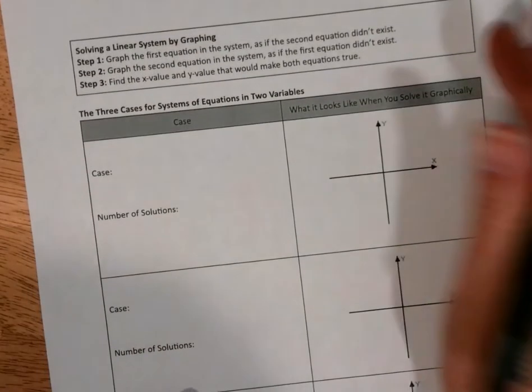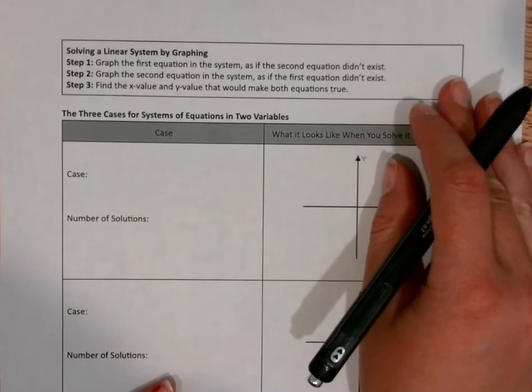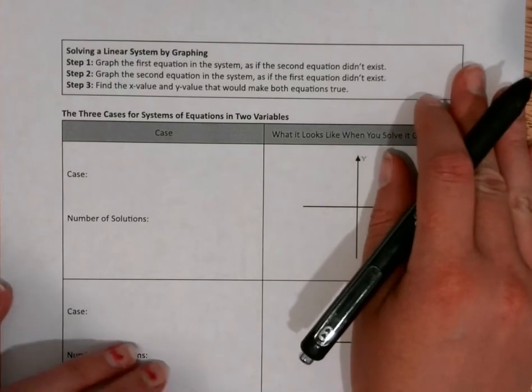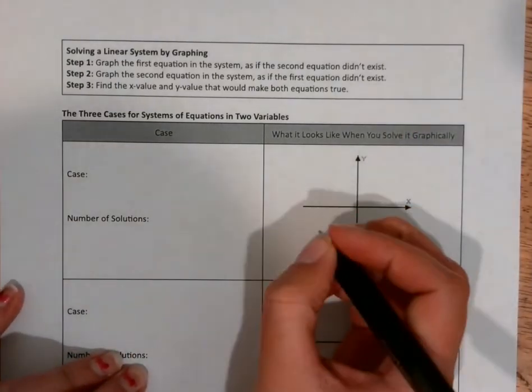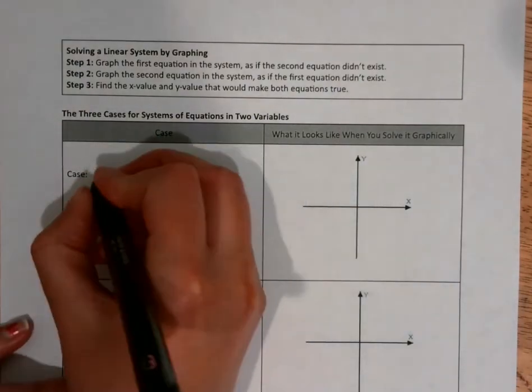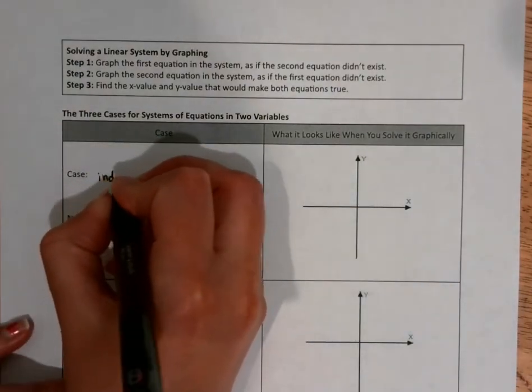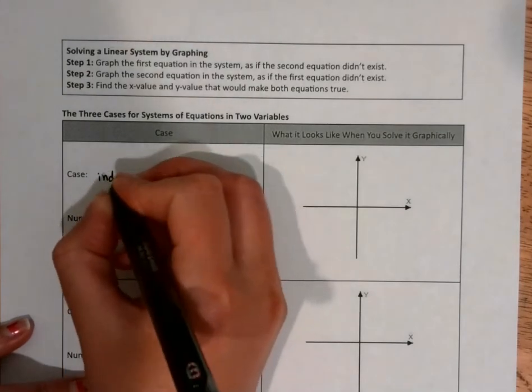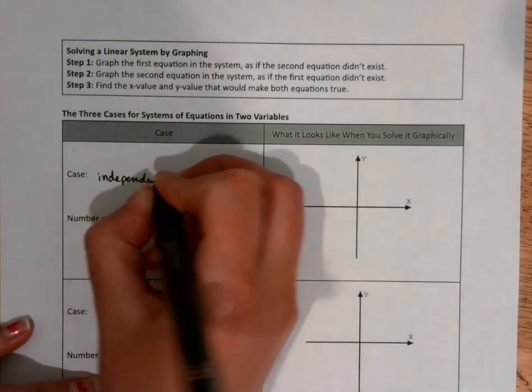Alright, so some of the cases that it might have. The first case is the independent case. Independent / intersecting.